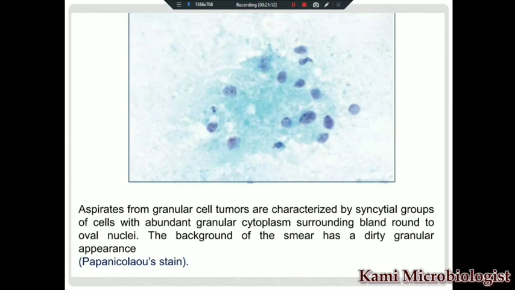Then we have again Pap stain, in which the aspirates from granular cell tumor are characterized by syncytial groups of cells. These are syncytial groups of cells with abundant granular cytoplasm surrounding bland round to oval nuclei. The background of the smear has a dirty granular appearance. As you can see, this is a dirty granular appearance.